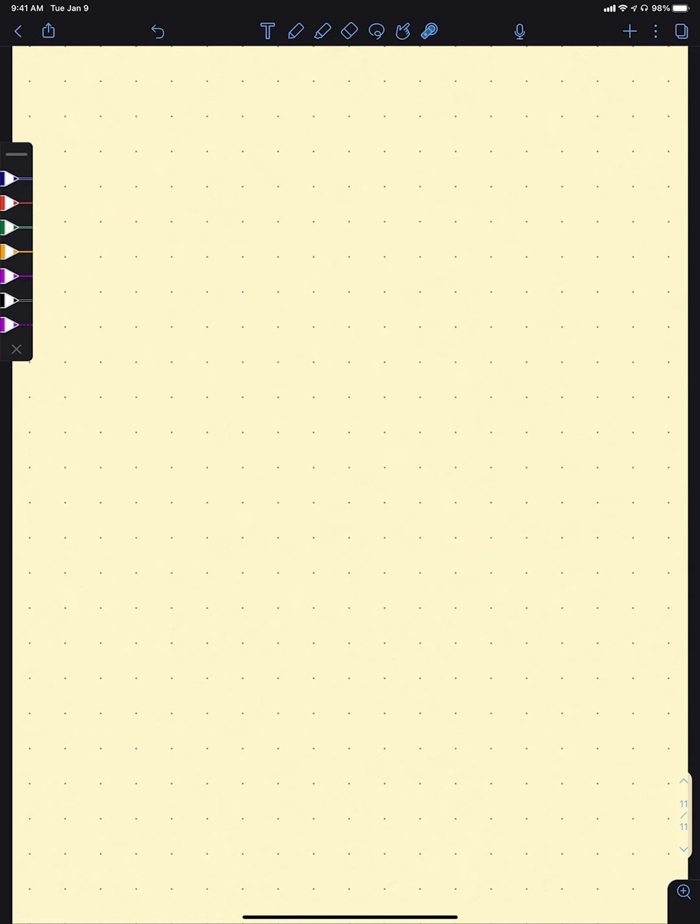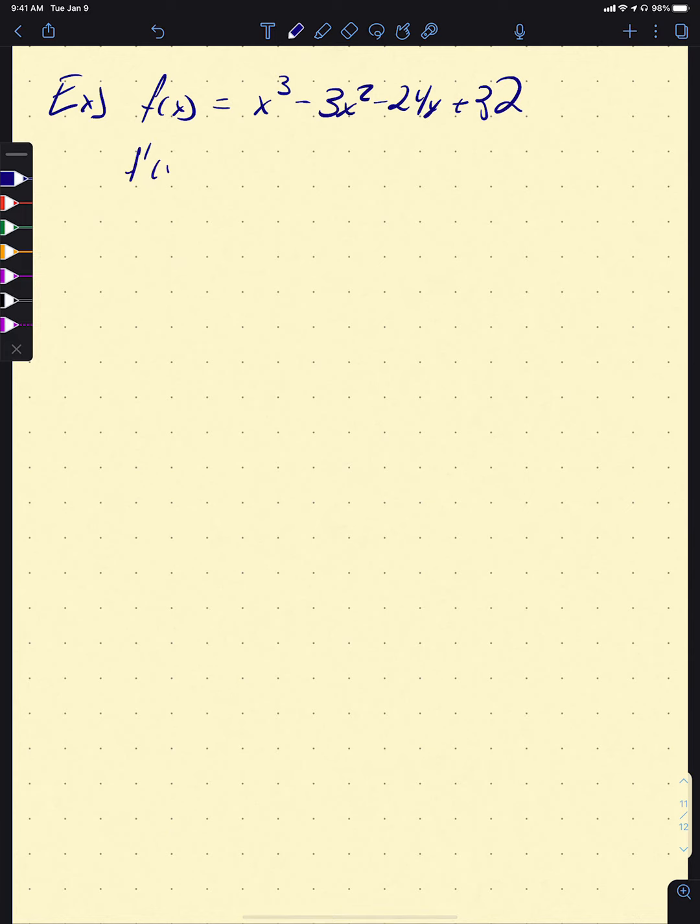So we can do a very quick example of this using our longtime friend from the last little bit, x cubed minus 3x squared minus 24x plus 32. Our first derivative, I'm actually going to factor it. We did this last week, so you can just recall this.